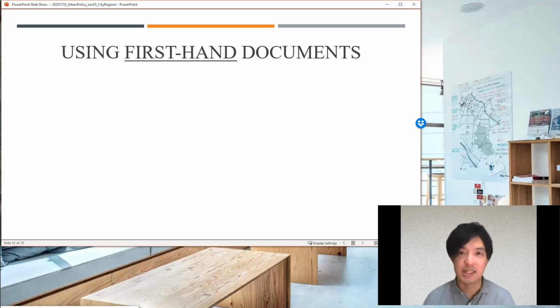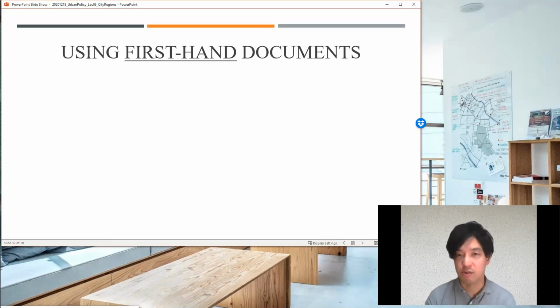Using first-hand documents is another way to know something about your realities. Every year, in every course, about 1% of the students do this.